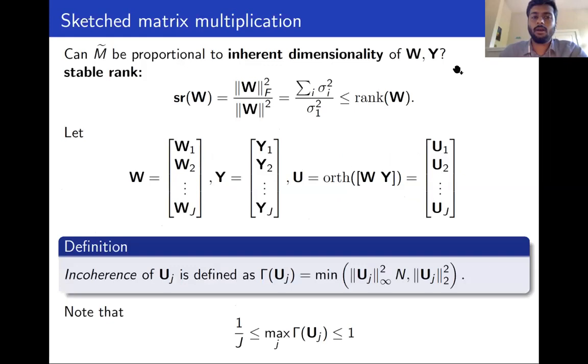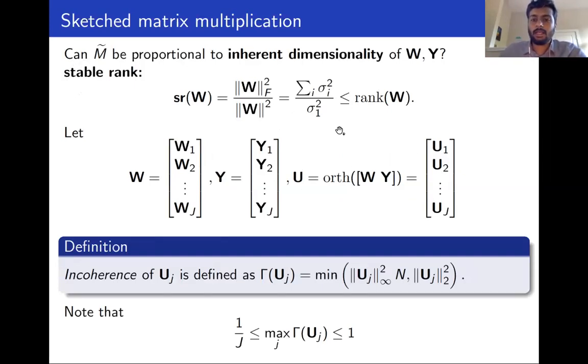Now the main question for this matrix multiplication problem is, can m tilde be proportional to the inherent dimensionality of W and Y? What is this inherent dimensionality? Usually the dimensionality of a matrix is captured by its rank, but we are going to be a little more strict and use something called the stable rank.